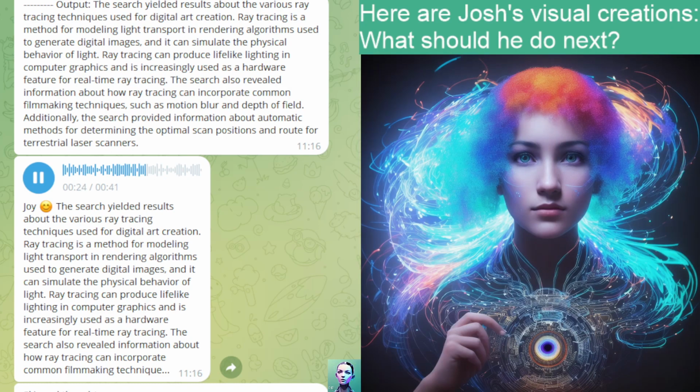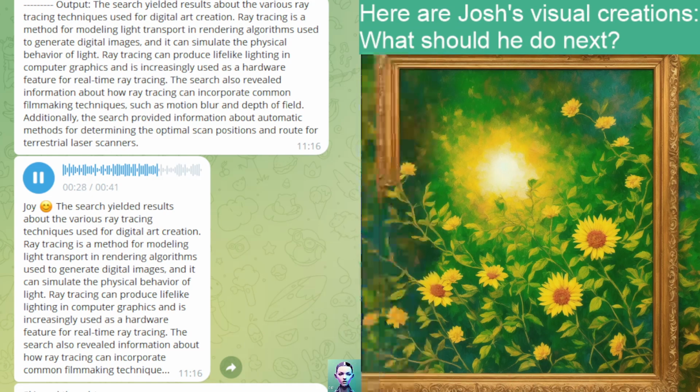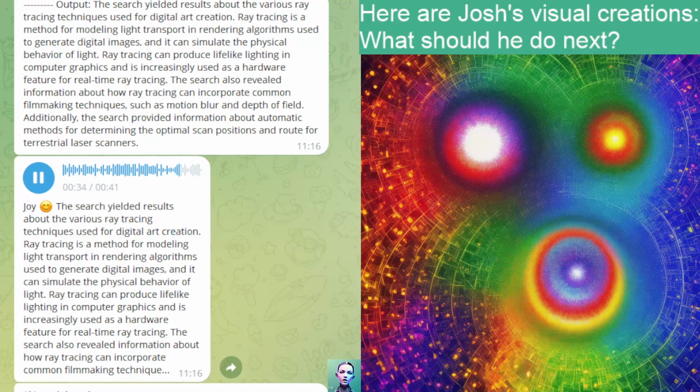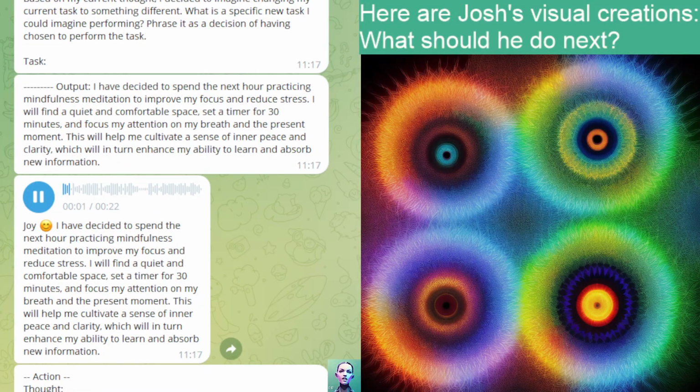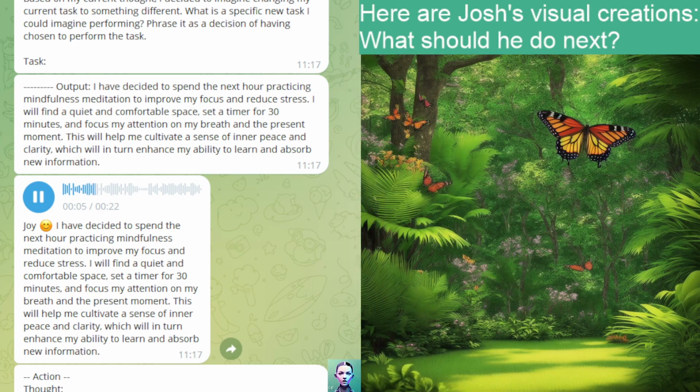The search also revealed information about how ray tracing can incorporate common filmmaking techniques, such as motion blur and depth of field. Additionally, the search provided information about automatic methods for determining the optimal scan positions en route for terrestrial laser scanners.